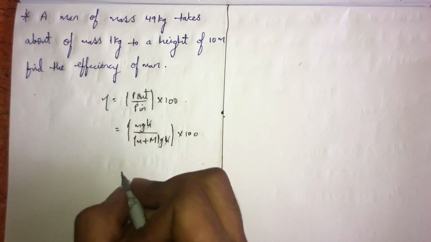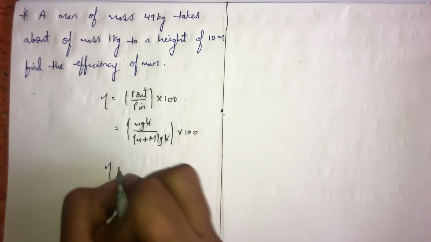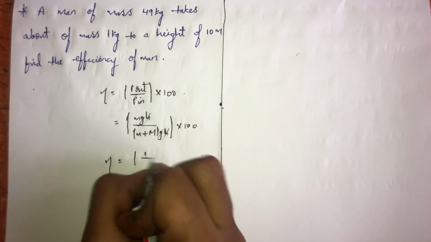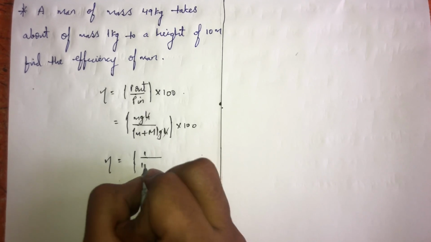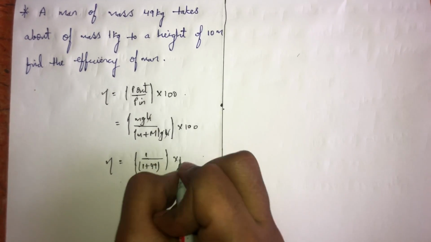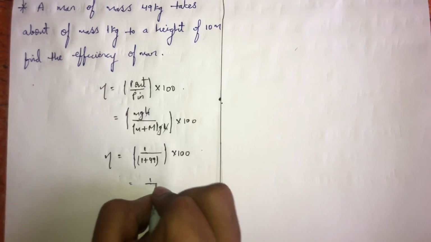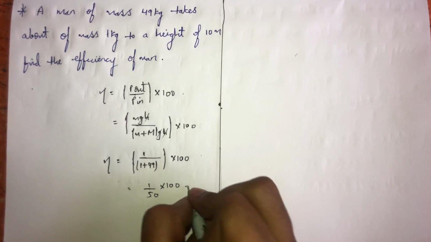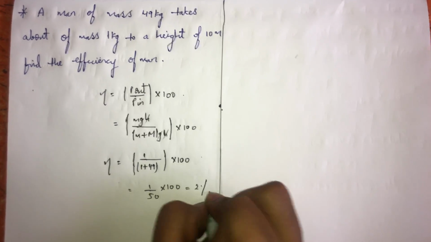So we are left with efficiency equal to mass of the block, which is 1 kg, by mass of the block plus mass of the man, 49 kg, into 100. So 1 by 50 into 100. So the percentage of efficiency will be equal to 2%.